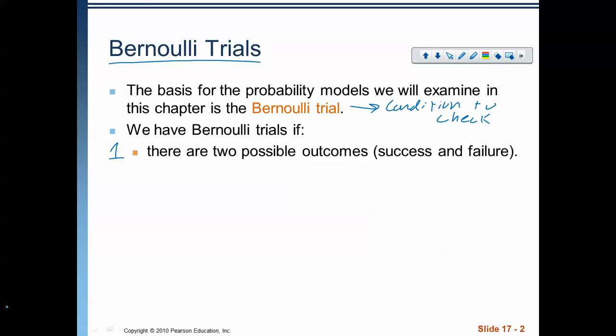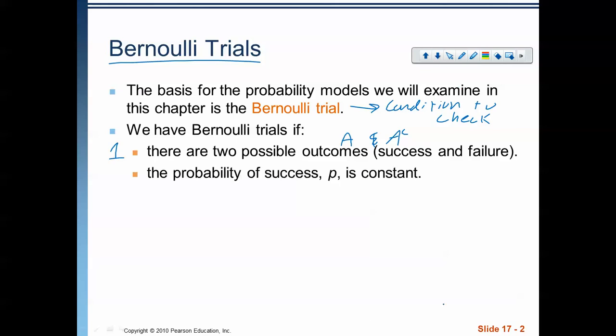Those two outcomes can be A and not A. If I'm drawing cards from a deck, I pull a heart or I don't pull a heart. That's a Bernoulli trial because there are two possible outcomes.